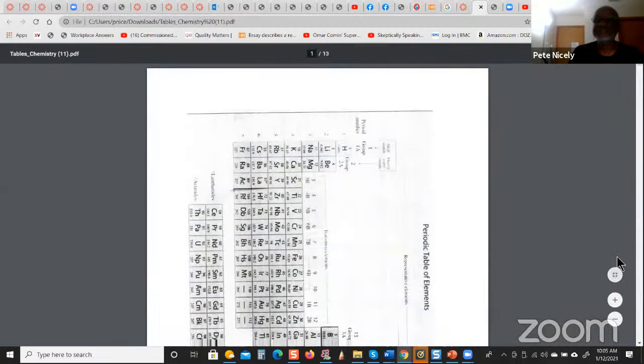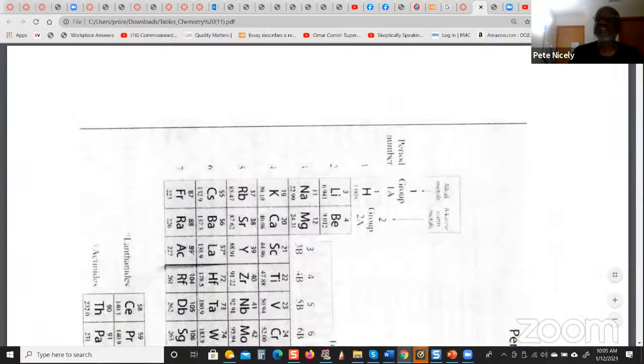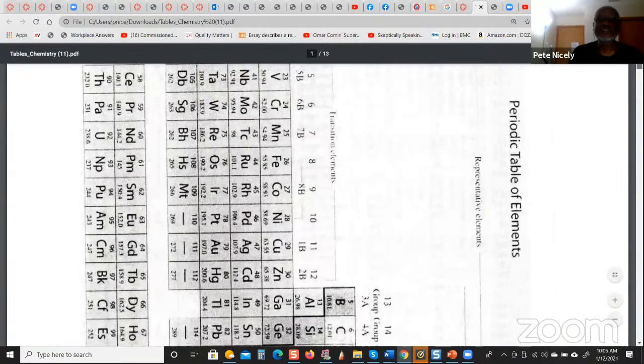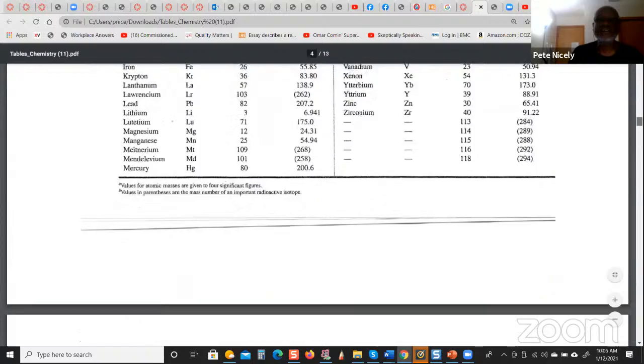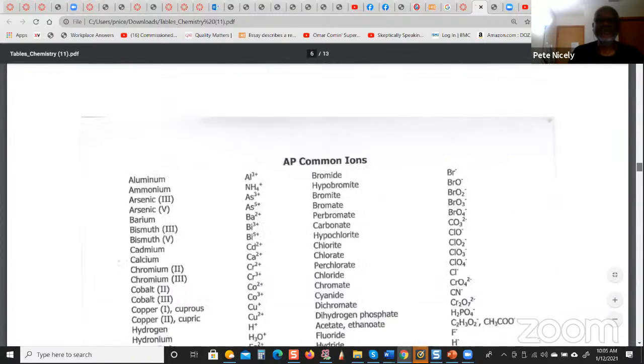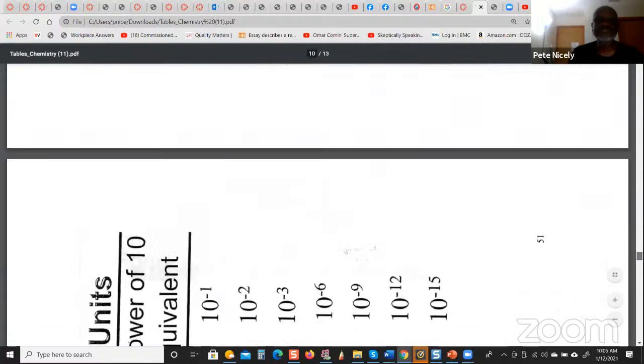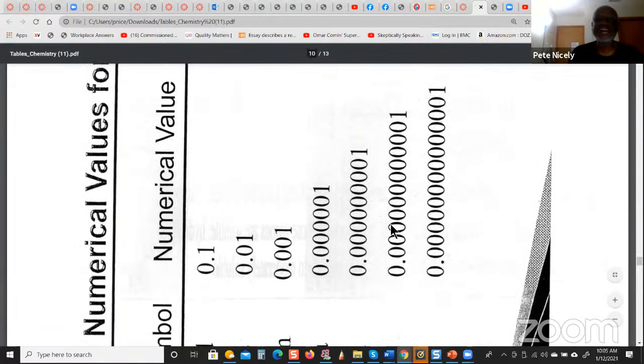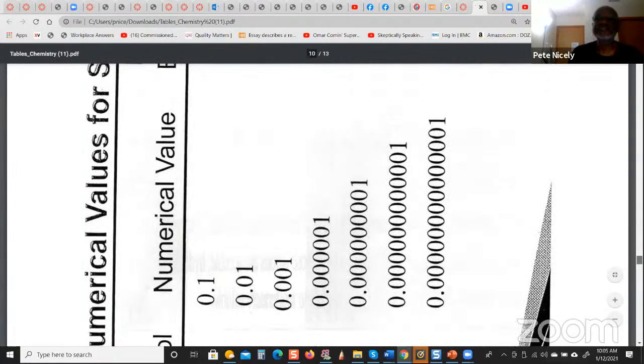So let me make this larger. Okay, so scrolling down, we get to this page, all right? In fact, there are 2 pages. Let me turn this around so you can see that.